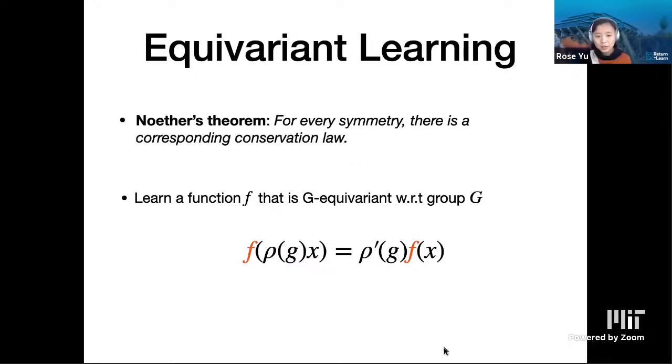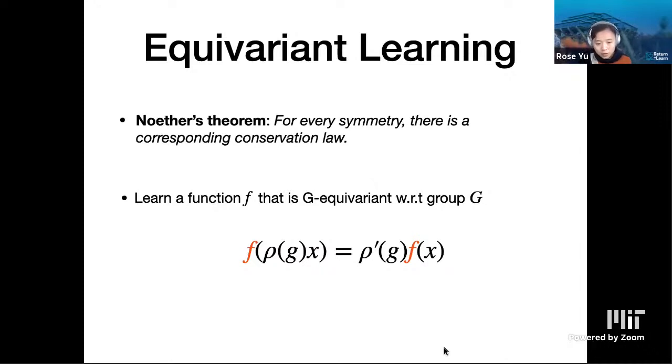By definition, that just means if we apply a group transformation rho of G to the input, this transformation will automatically apply to the output of this function. So in other words, f of rho(G)x equals rho(G) f of x. If a function f satisfies this kind of condition, then we say this function is equivariant.